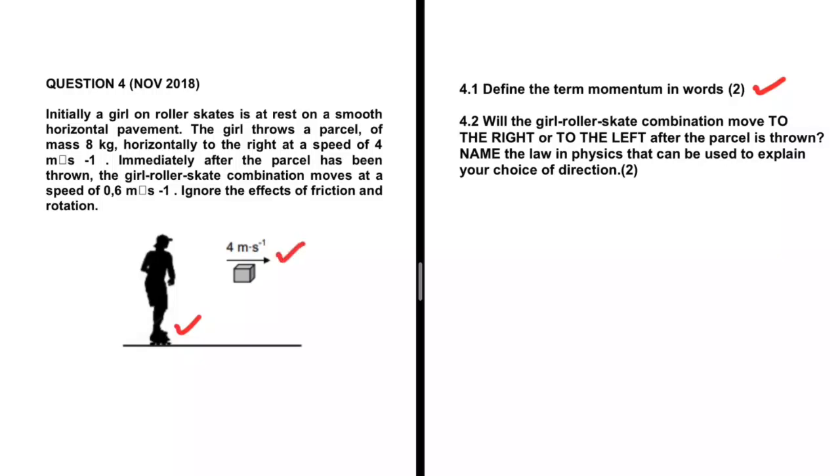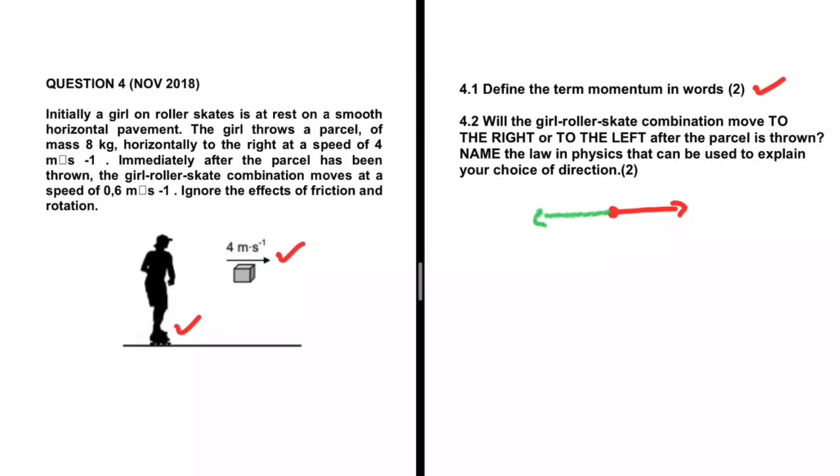So back to our question, will the girl roller skate combination move to the right or to the left after the parcel is thrown? Okay, so let's take a look. The parcel is thrown to the right with a force of a certain magnitude, right? According to Newton's third law, if you apply a force on an object, the object will also apply a force on you of equal magnitude but in the opposite direction.